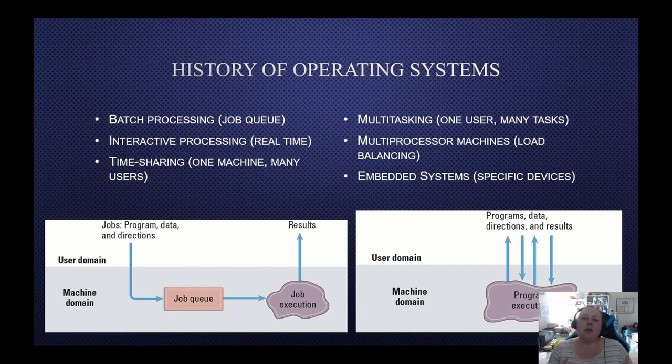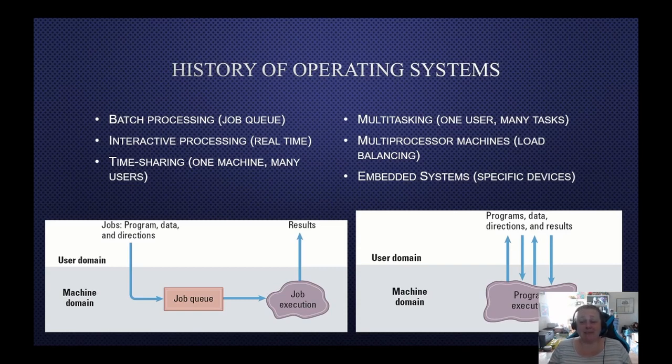In order to be as efficient as it could be, operating systems now needed to decide which processor is going to run what job. The operating system is then going to have to balance the load that is being done by the computer. That's called load balancing.